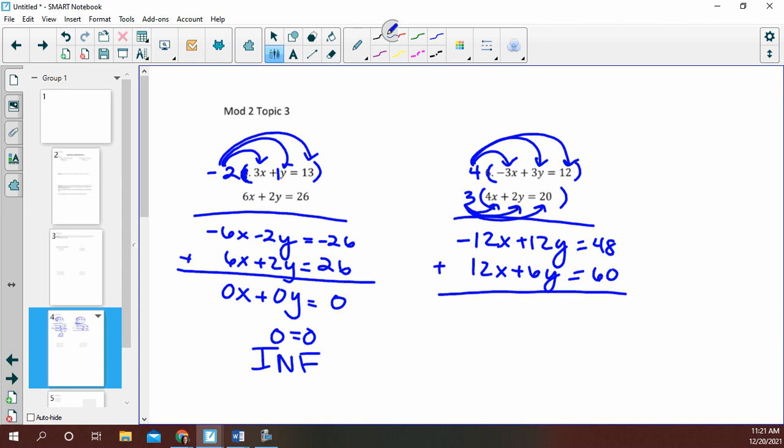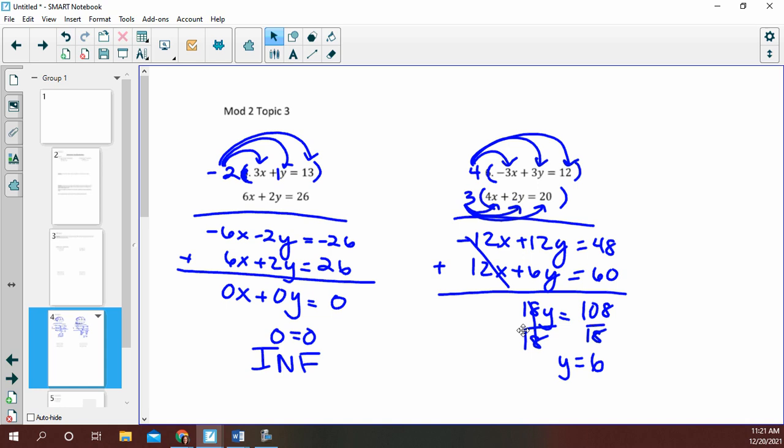So when I add going down, negative 12 plus 12 is 0. This gets me to 18y equals 108. Right? So when I detach, I divide by 18. I get 6. So now I'm going to pick one of my original equations.